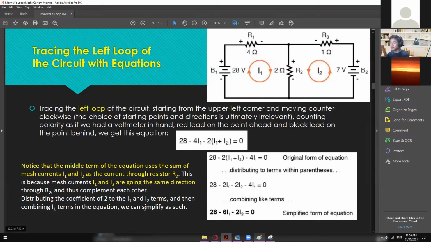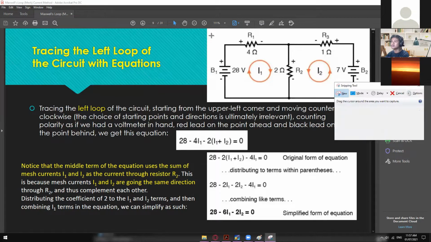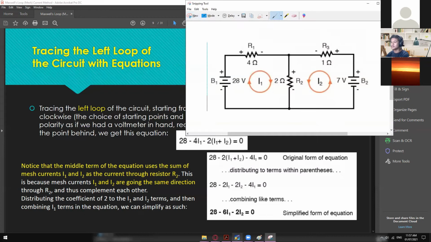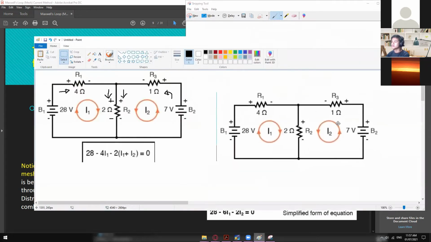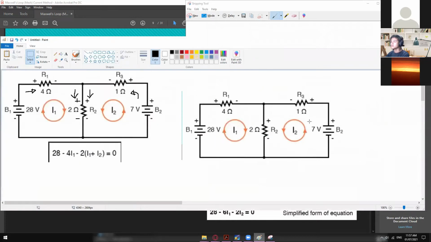No, because if we have 3 meshes, the setup will become like this. Let's say this is a resistor, and this is a voltage source, positive, negative. So let's say this is now your loop number 3.